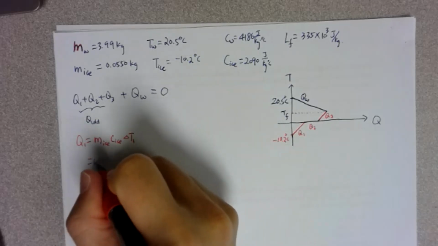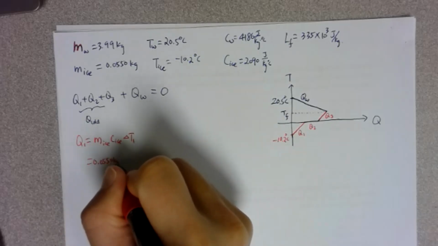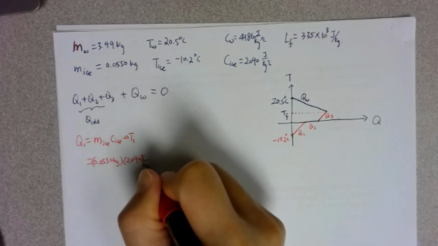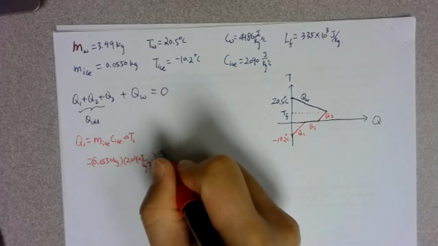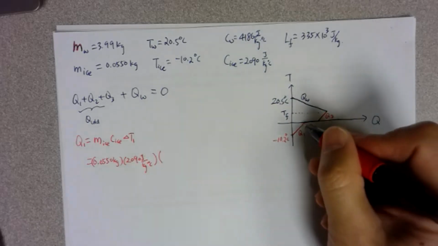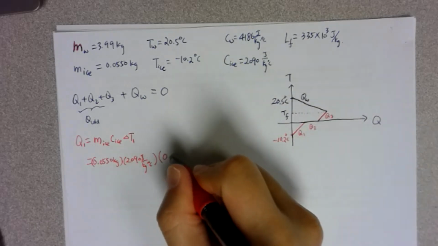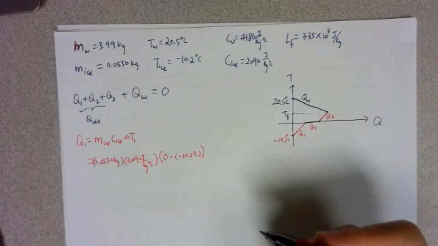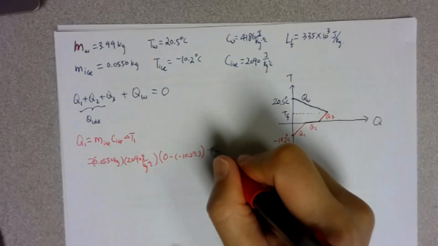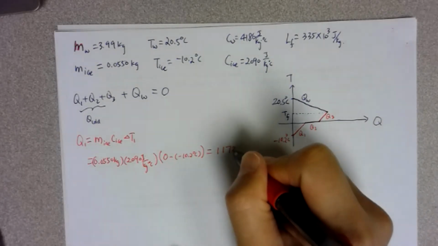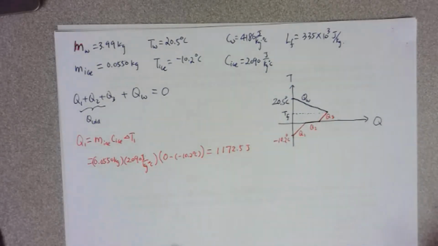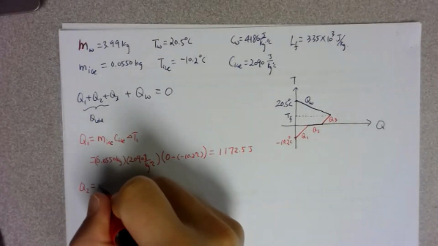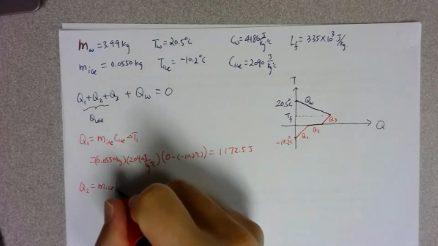So this is going to be 0.0550 kilogram ice, 2090 joules over kilogram degrees Celsius times delta T1, final being 0, initial being minus. So 0 minus minus 10.2 degrees Celsius. So this will give you 1172.5 joules.